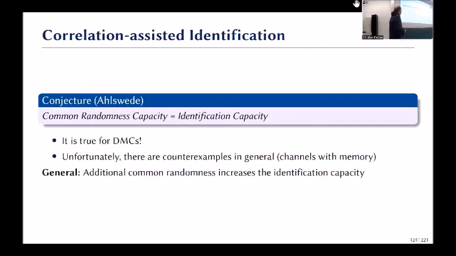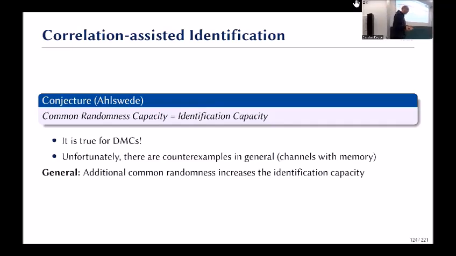Of course, that's what I told you. Let's go back to identification. Here we have this conjecture of Ahlswede that randomness capacity is equal to the identity capacity. We know it's true for DMCs, but unfortunately there are counterexamples in general, for example for channels with memory. But in general, additional randomness increases the identification capacity.